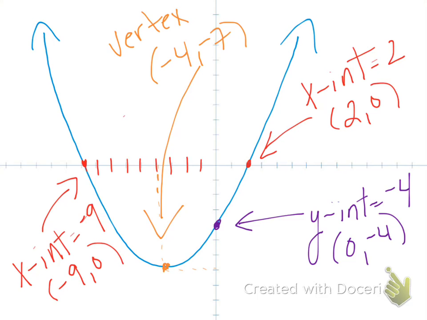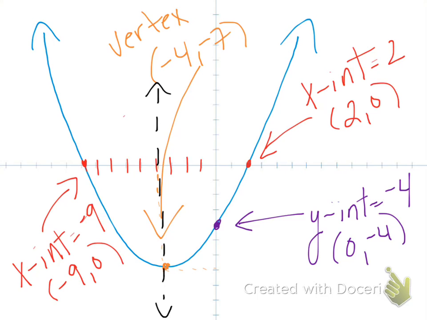Okay, last thing that I really require is my axis of symmetry. I am a stickler. I always want the axis of symmetry not only identified, but actually drawn on the graph. The axis of symmetry is the imaginary vertical line that cuts through the center of your graph. So let me just readjust here for one moment.